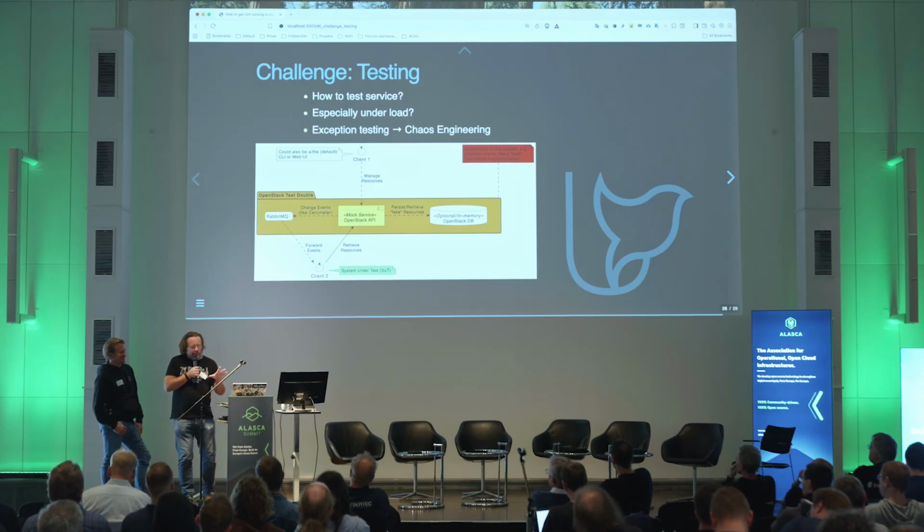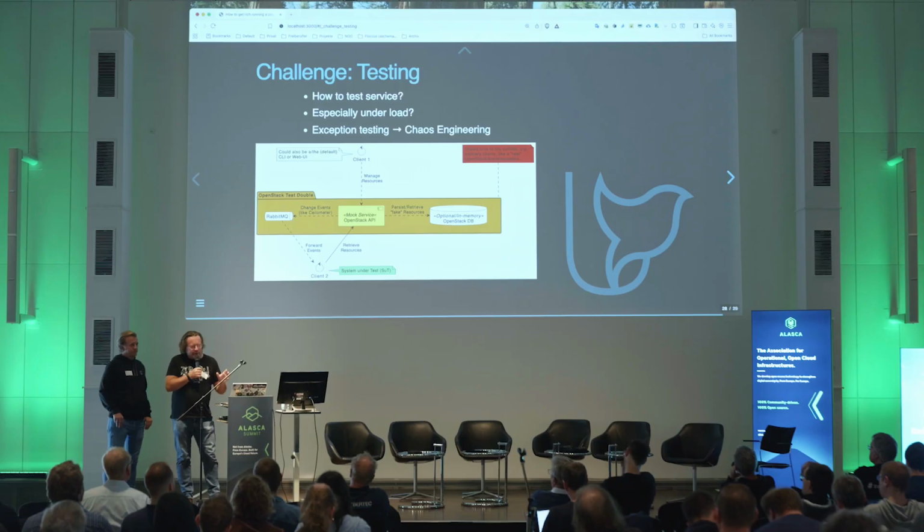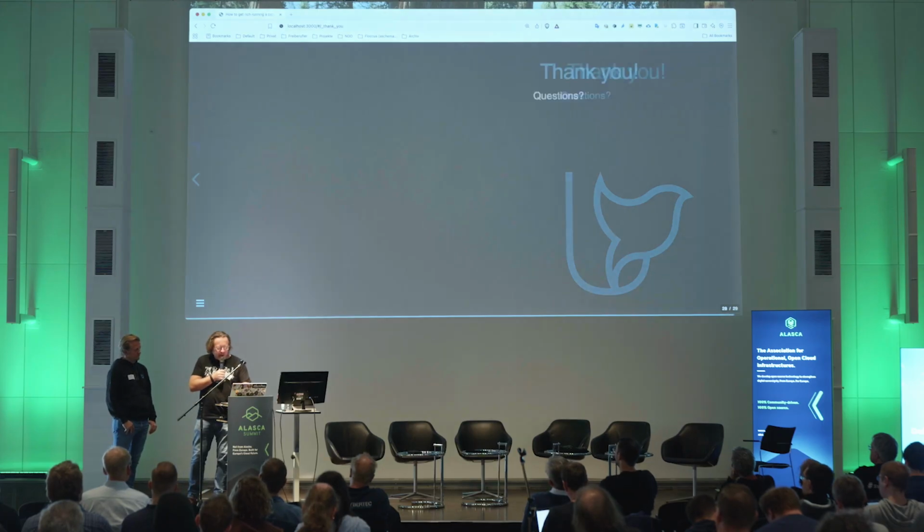We have not yet finished it, but one idea was to do some chaos engineering by dropping packages or removing messages from the queue or doing something else to do exception testing on a technical level with the mock service, which is not so easy with a real infrastructure as well.